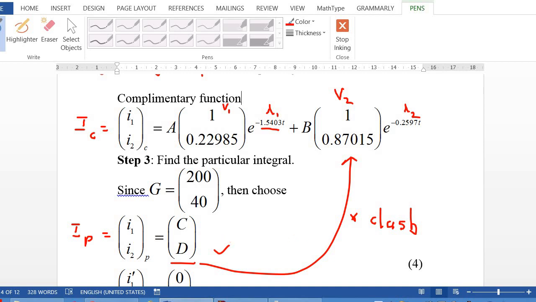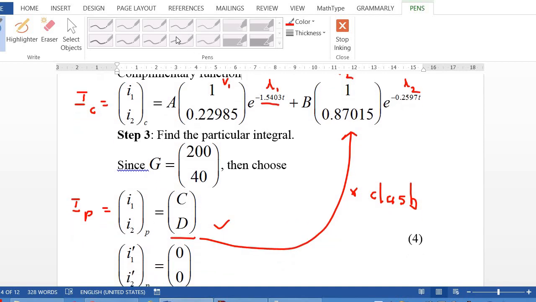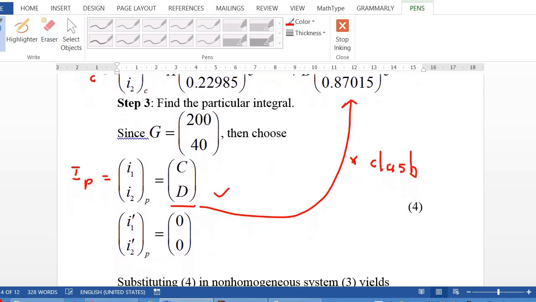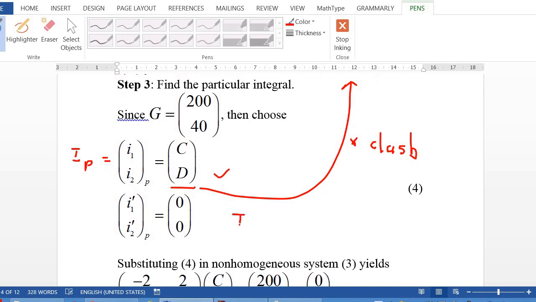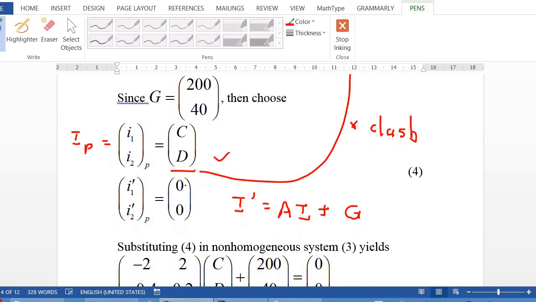And then remember, we have the system I prime equal to AI plus G. From the IP, you need to find the IP prime.